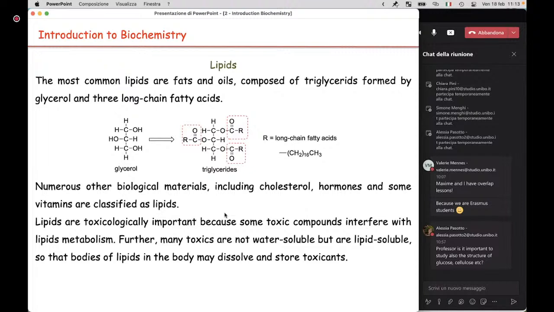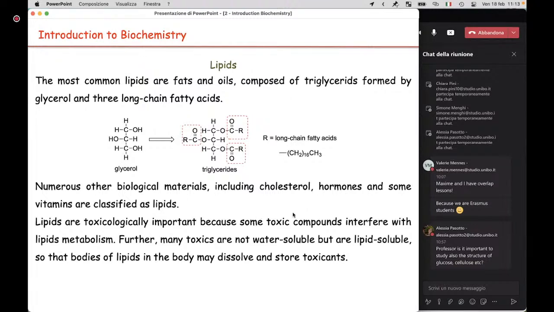Lipids are very important from a toxicological point of view, because, as I said before, many toxicants are soluble in lipids. And we know that this kind of molecule, triglycerides, are exactly what makes up the cell membrane.